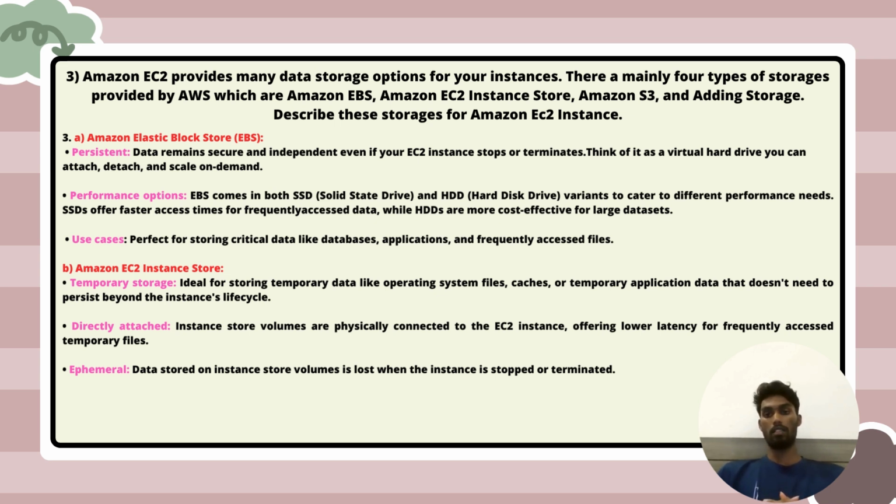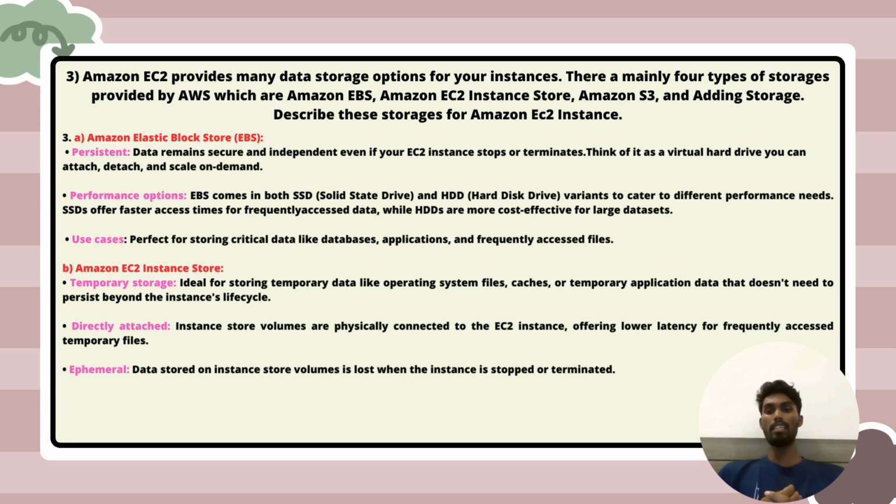So for the second one, which is Amazon EC2 Instance Store, it has temporary storage. So it's ideal for storing temporary data like operating system files, caches, or temporary application data that doesn't need to persist beyond the instance lifecycle. So the second one is directly attached.